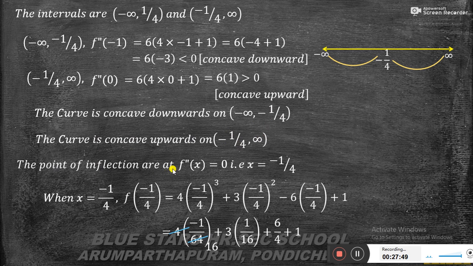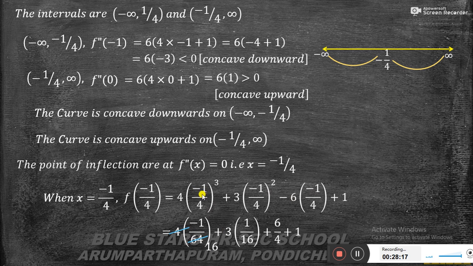So now we find out the point of inflection, f double dash of x equal to 0. Already x equal to minus 1 by 4, so I substitute x equal to minus 1 by 4 in the function. f of minus 1 by 4 equals 4 into minus 1 by 4 whole cube plus 3 into minus 1 by 4 whole square minus 6 into minus 1 by 4 plus 1.